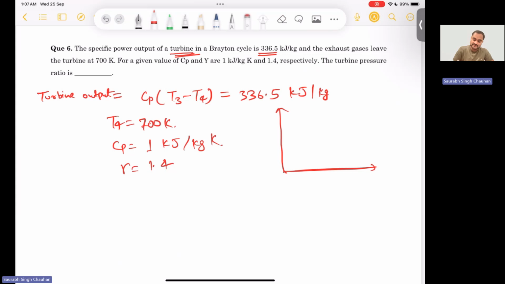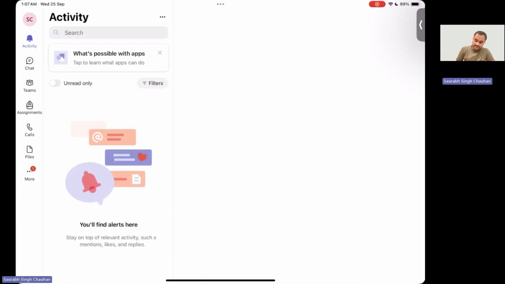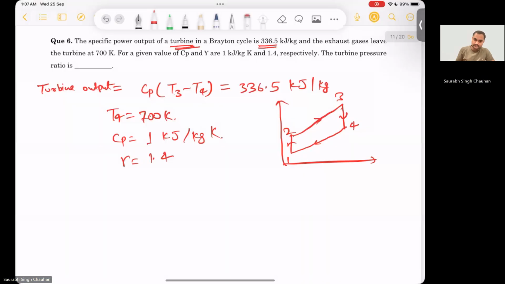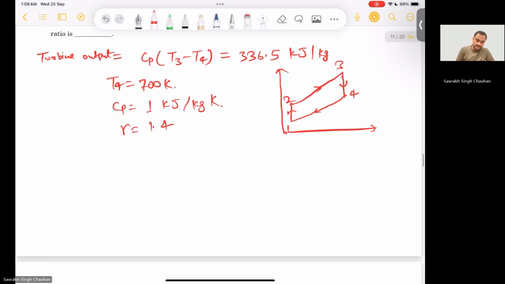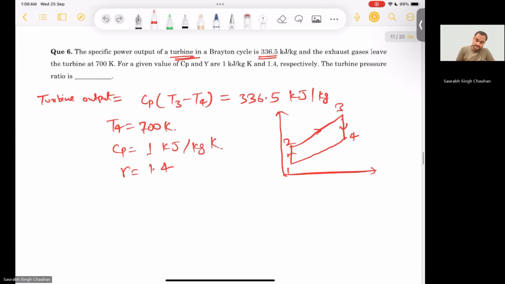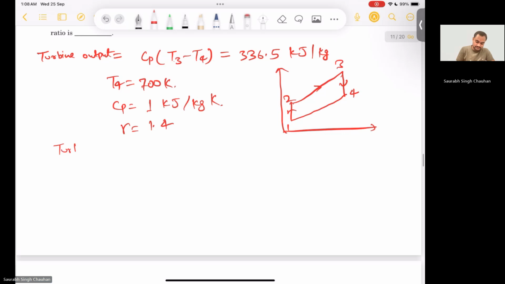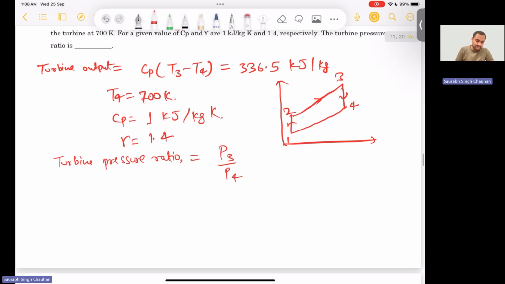I will quickly make the TS diagram. So 1 to 2 it is isentropic compression, 2 to 3 it is isobaric heat addition, 3 to 4 is expansion in turbine. Okay, so we have to find the turbine pressure ratio. So turbine pressure ratio is P3 by P4, right?